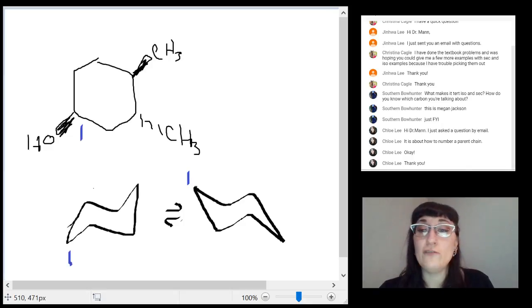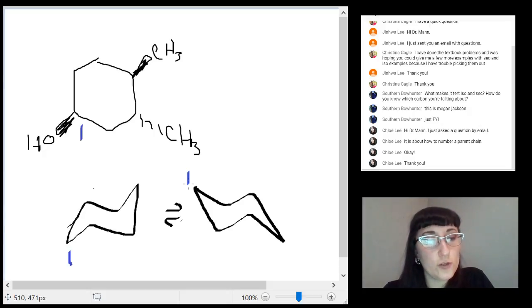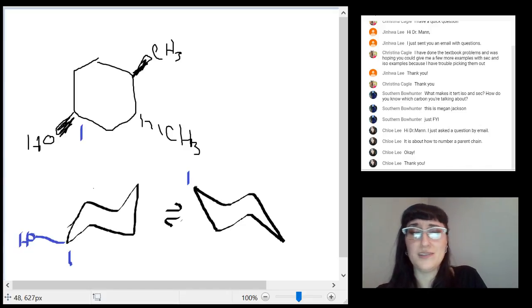So remember, if it's pointing up, regardless of whether it's in the axial or equatorial position, at carbon 1 on this first ring, the one that's pointing up is in the equatorial position. It still doesn't look great, but I think you can kind of see it.